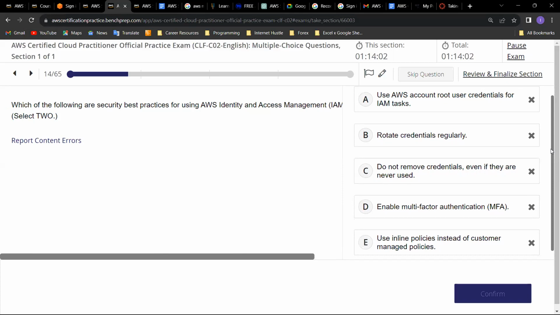Security best practices. So BD, BD, BD, and I see DE. Wow, I see 2 DEs. That's how we like it.